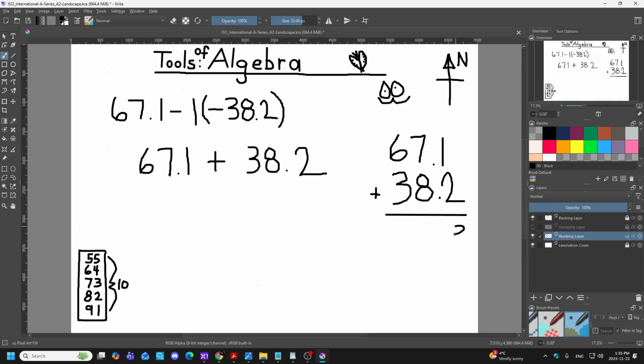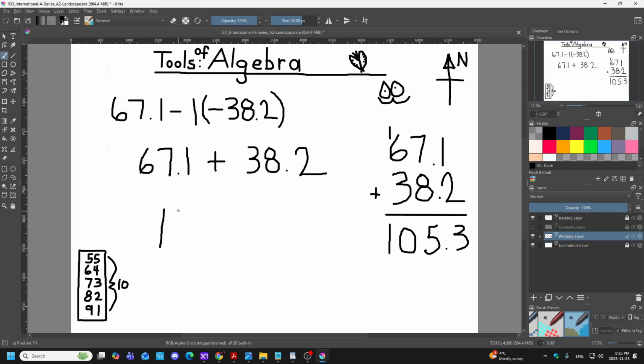I know 8 and 8 is 16. 1 less is 15. 7, that makes that 10. 7 and 3, 5 and 5, 6 and 4, 7 and 3, 8 and 2, 9 and 1. These are the pairs that add up to 10.